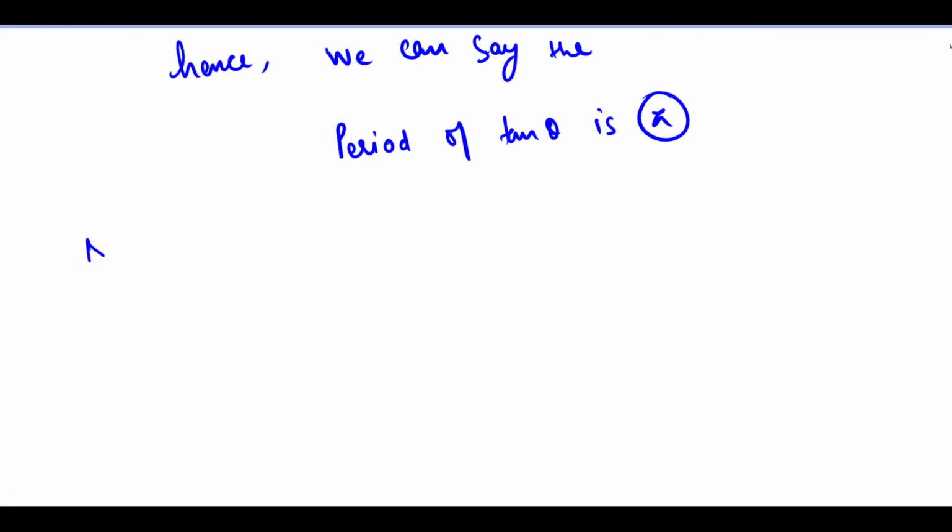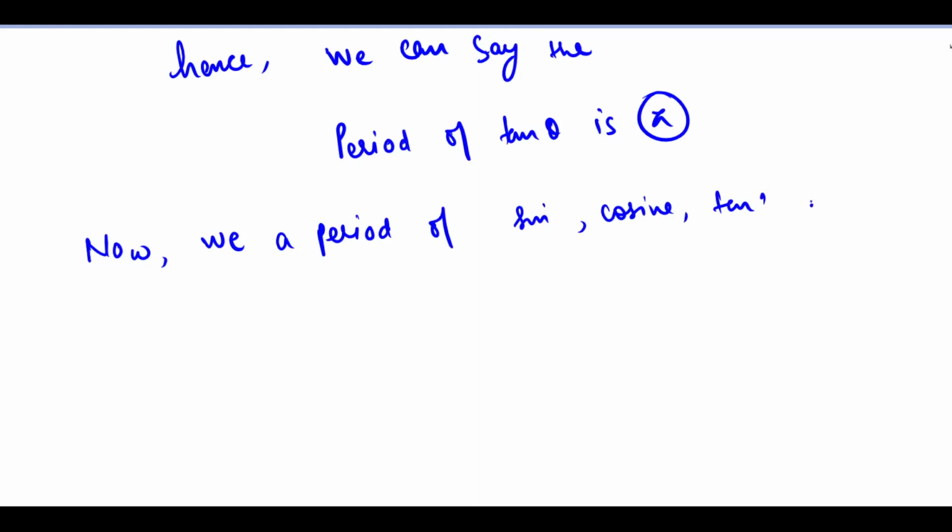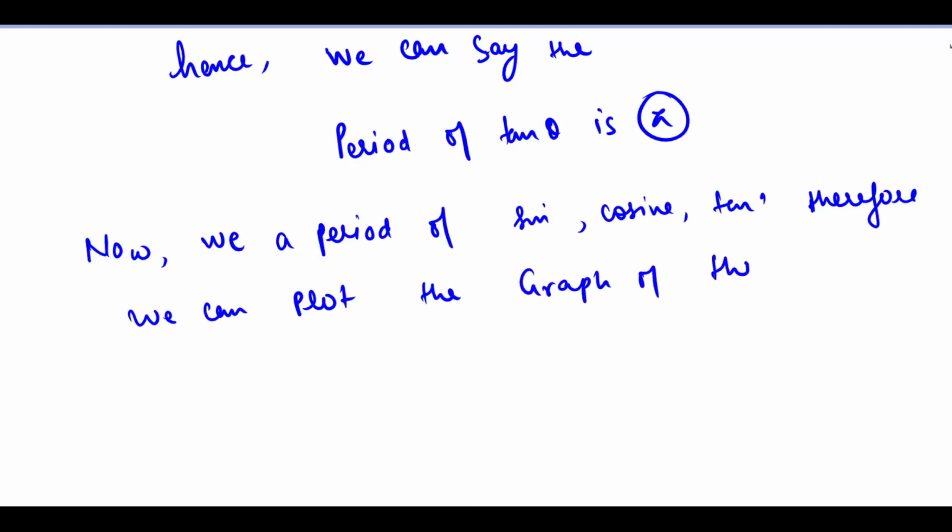So now we have the periods of sine, cosine and tan. Therefore we can plot the graphs of these functions.